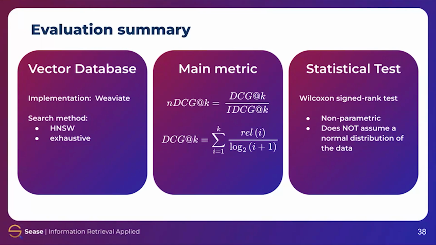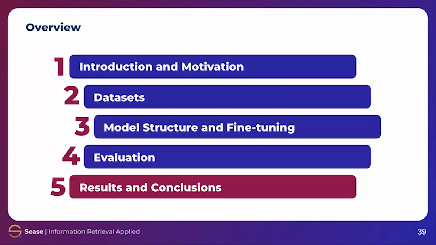We picked the Wilcoxon signed-rank test because at the initial stage we tried a paired t-test, which is the more classical way to test, but we needed to remove the assumption of normal distribution of the data, because the dataset was small.